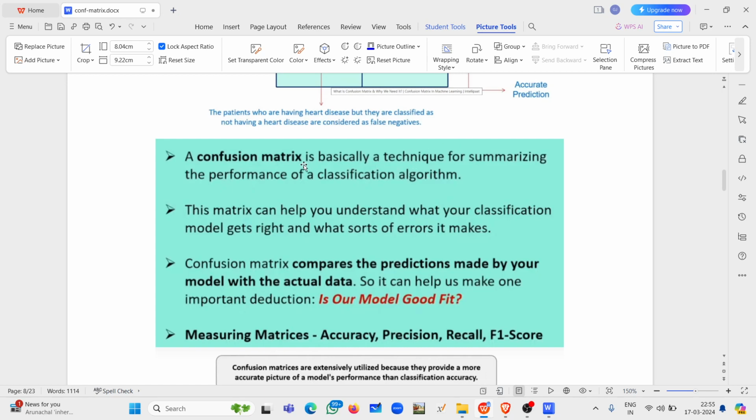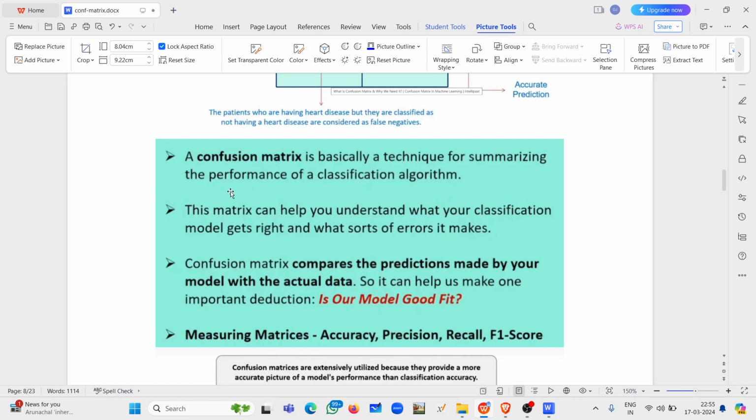This matrix can help us understand what our classification model gets right and what sorts of errors it makes. The confusion matrix compares the predicted value with the actual value, and based on that it decides whether our model is fit or good or not, right?